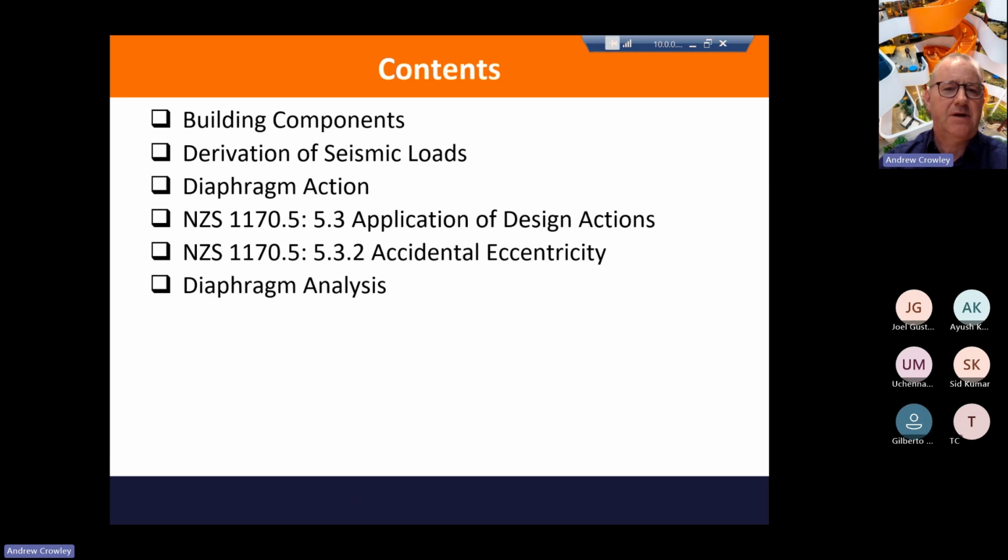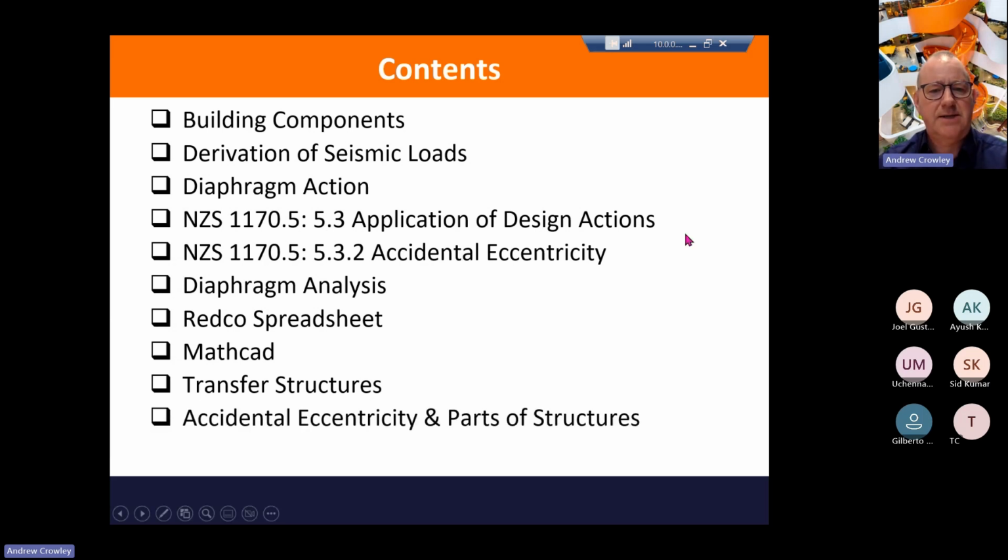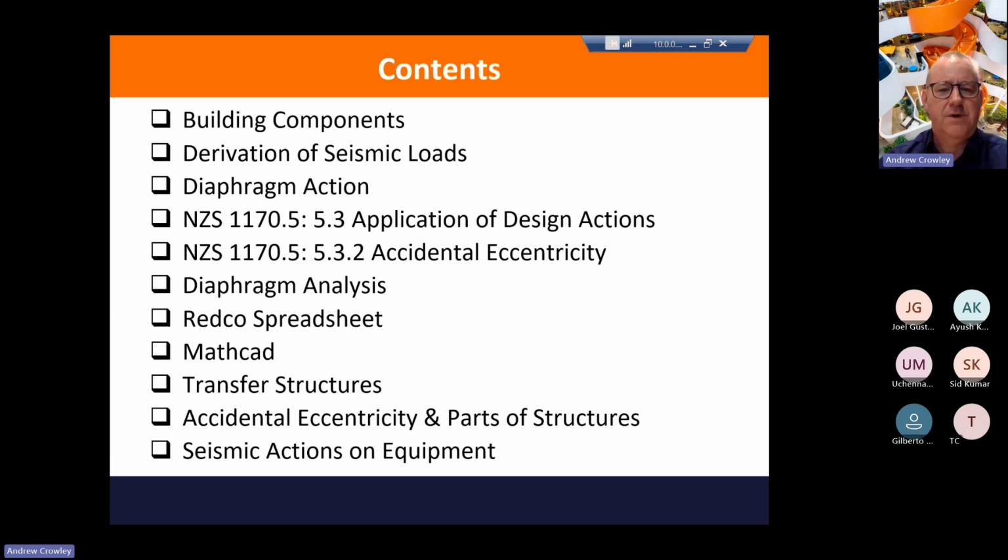The different types of diaphragm analysis, so I'll remind you later in the seminar of what types of analysis you can do for diaphragms. Brief look at the Redco spreadsheet, and then a deep dive into the Mathcad spreadsheet. And then final words on transfer structures and whether we apply accidental eccentricity to parts of structures. And what about equipment? Do we have to apply accidental eccentricity onto equipment?